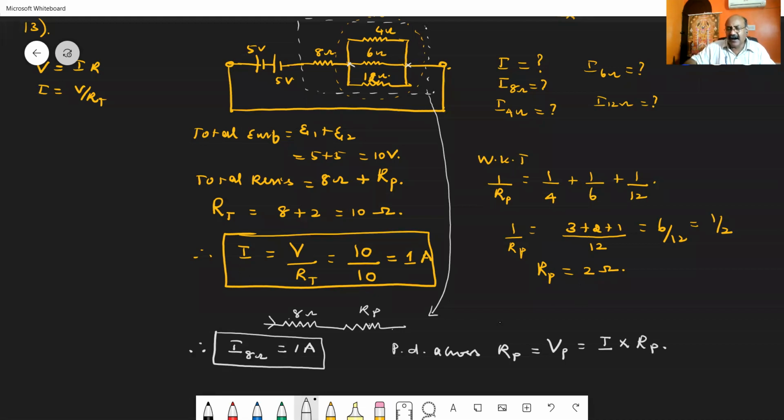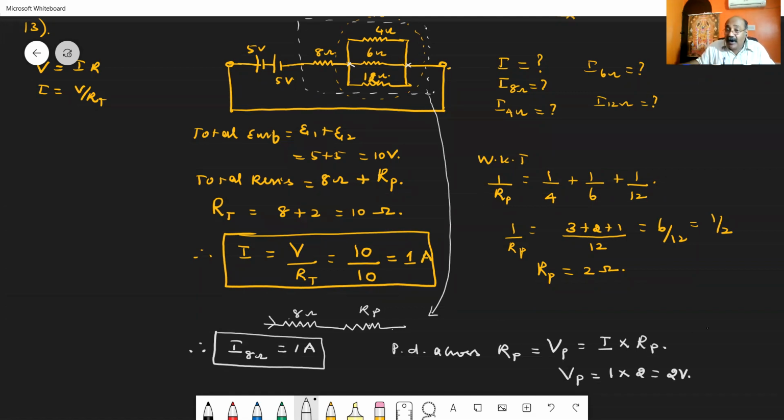V is equal to I into R. So the potential difference across that parallel combination is 1 into RP. Sorry, RP is not 10, RP is 2. So 1 into 2, you get 2 volt.